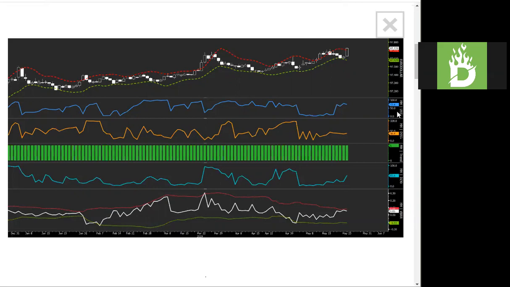You've got the USS, DSS, which are just gauges on one side of the skew, i.e. looking at the shape of the skew and how steep it is on the call side, and then how steep it is on the put side. Trend, this is just a simple trend model, it's a composite trend model, i.e. there's multiple inputs, and once all those inputs, like when all the green lights come on for the trend, then it goes bullish. So it's not just one thing that's turning it bullish, bearish, or neutral.